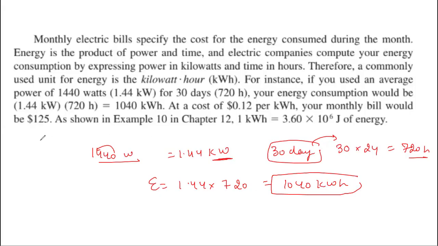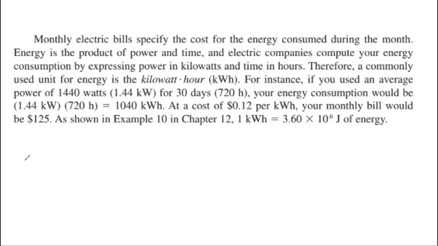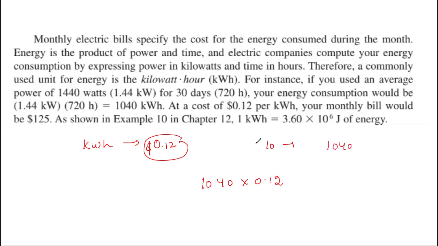And then let's say you have to pay the bill now. The company decides for every 1 kilowatt hour, the customer has to pay $0.12. So how much are you paying? What you will do is take the number 1040 kilowatt hours and multiply, right? It's like the cost of one chocolate is 10 cents, but then you bought 1040 chocolates.